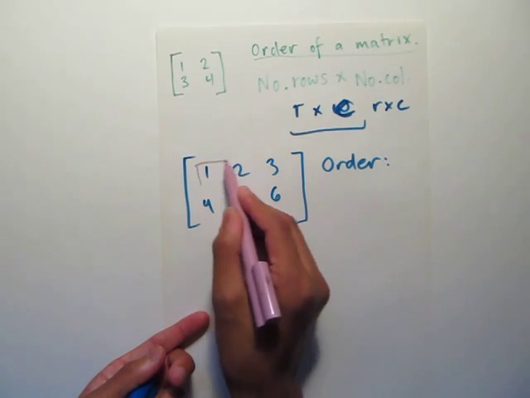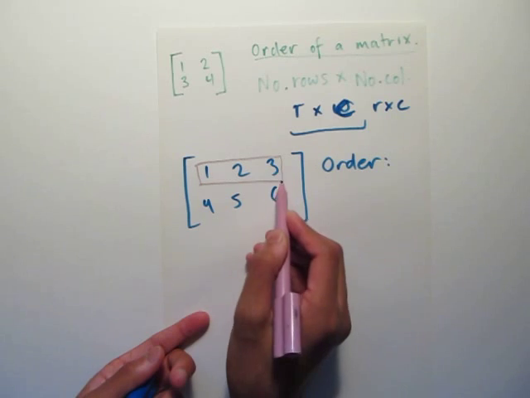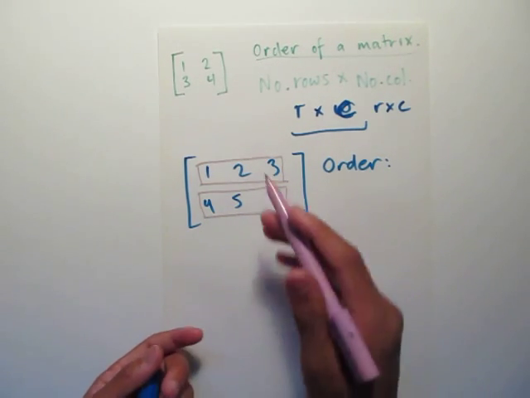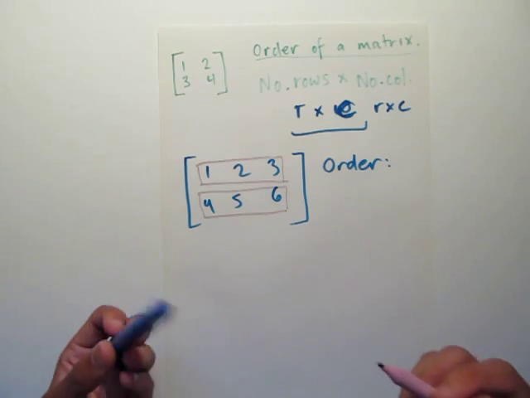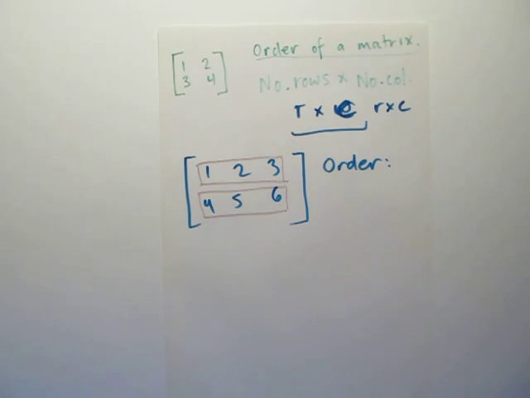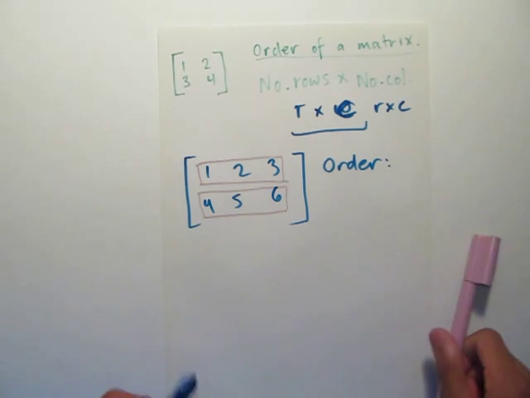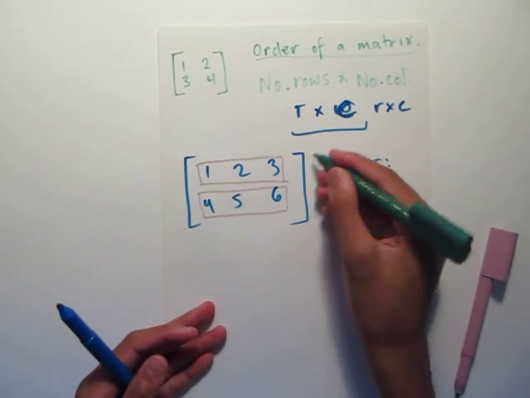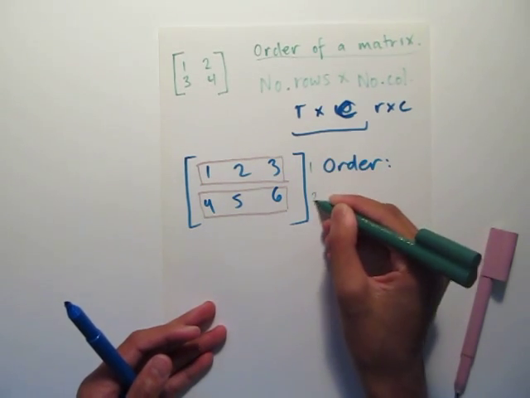So this is a row, and this is a row here. Think about it like this: when you walk into a cinema, you'll always walk into your row first. Those are the number of rows. So there's 2 rows, that's row 1, row 2.